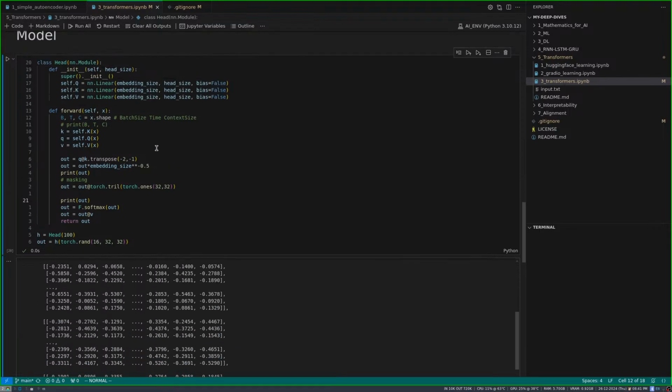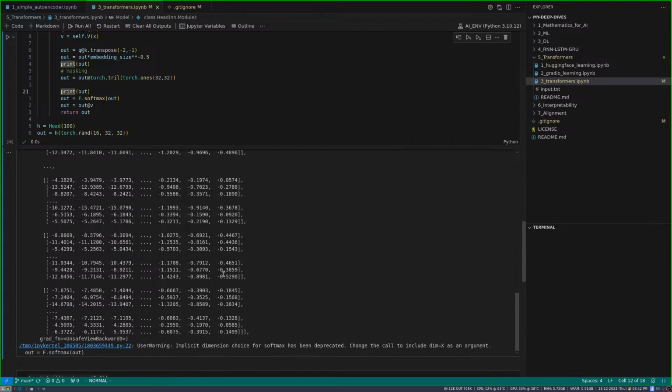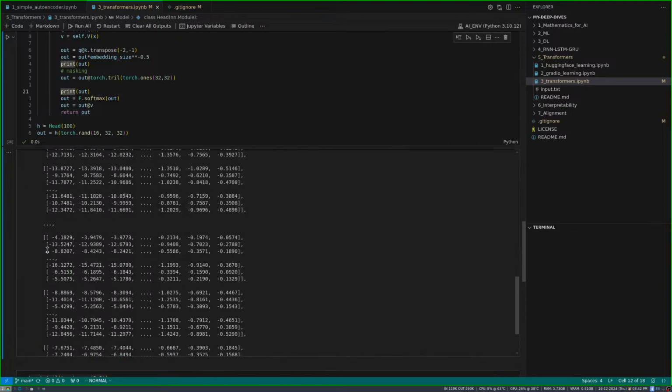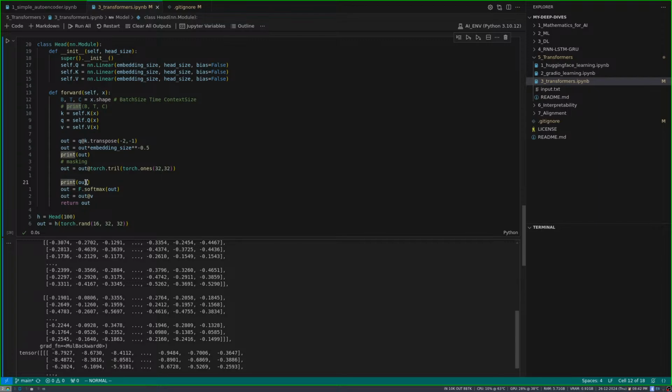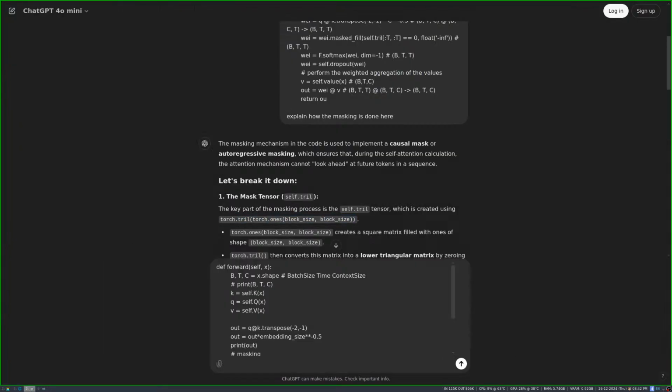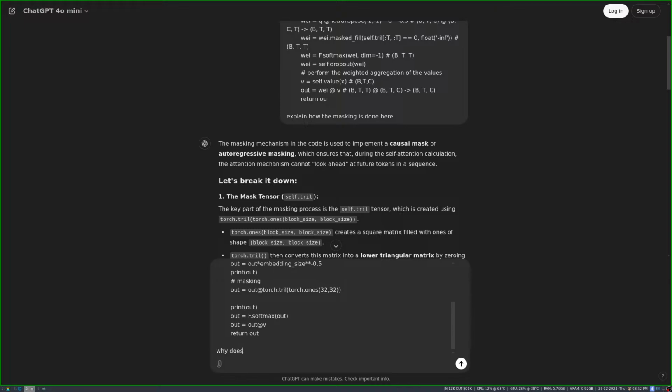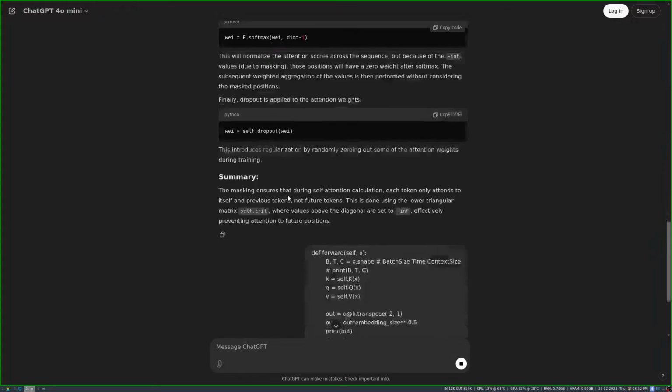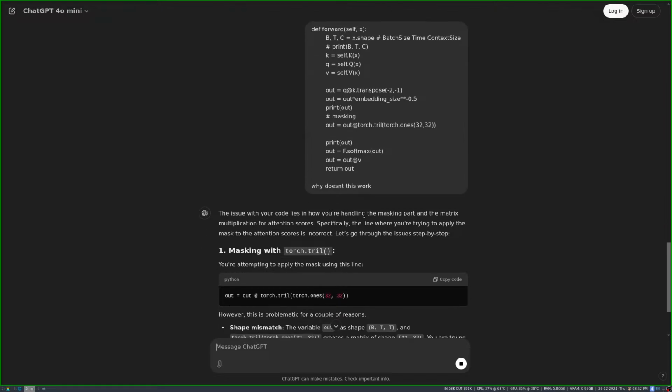So we have this matrix, and when I multiply, it becomes, well, the same thing. Why that? Why doesn't this work? The issue is that you are handling the masking part.